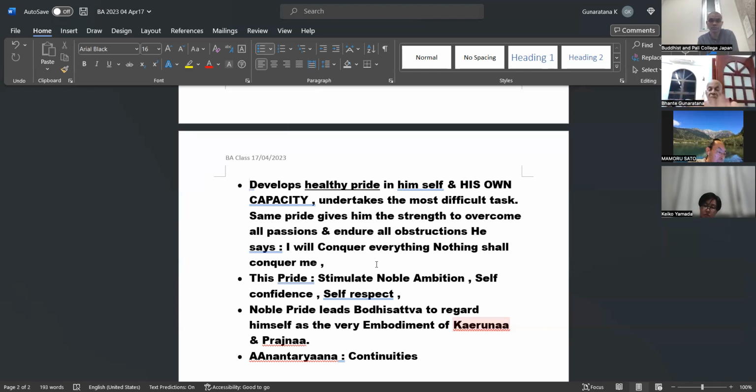Because of that pride, you can see he has this characteristic. And because of that, he has continuities. What are the continuities? His devotion to Mahayana.